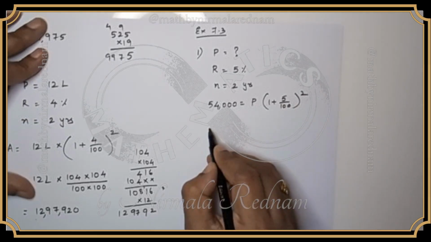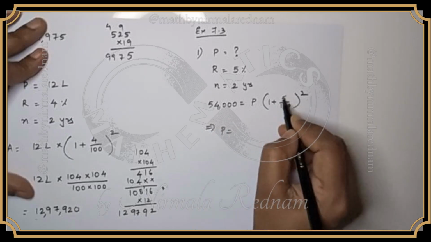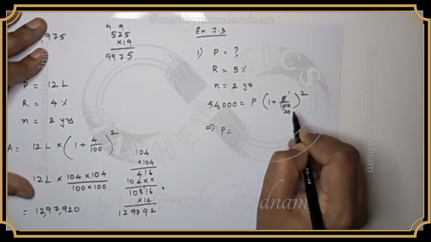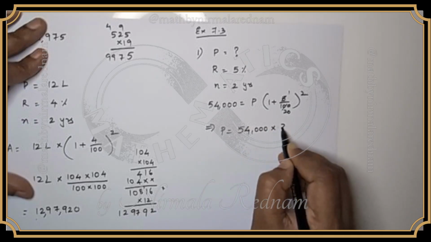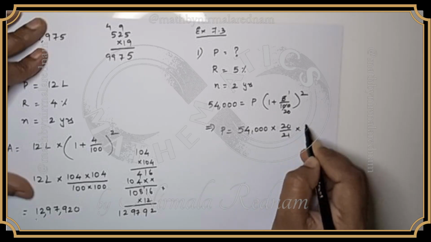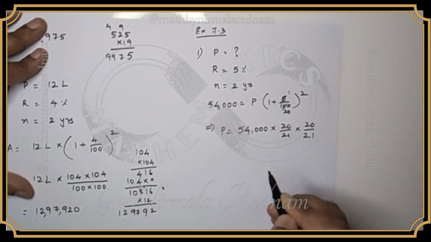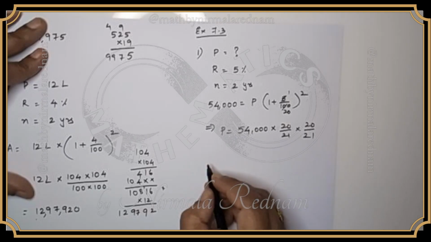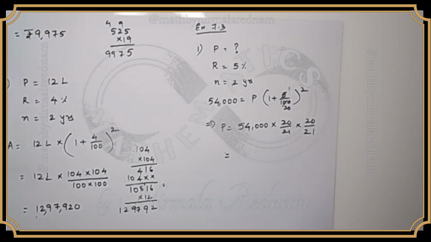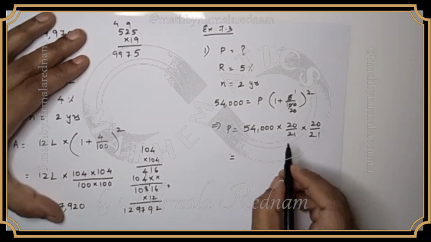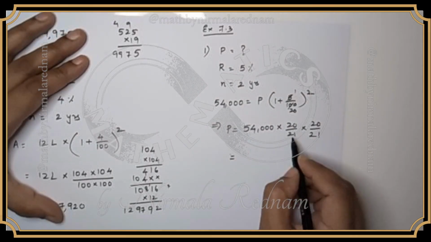Now from this, I can calculate P. This is 21 by 20. When I take it to the other side, it becomes 20 by 21. Right? It becomes 20 by 21. Now, if I simplify this, okay, I know that in the 3 table we have this 54.